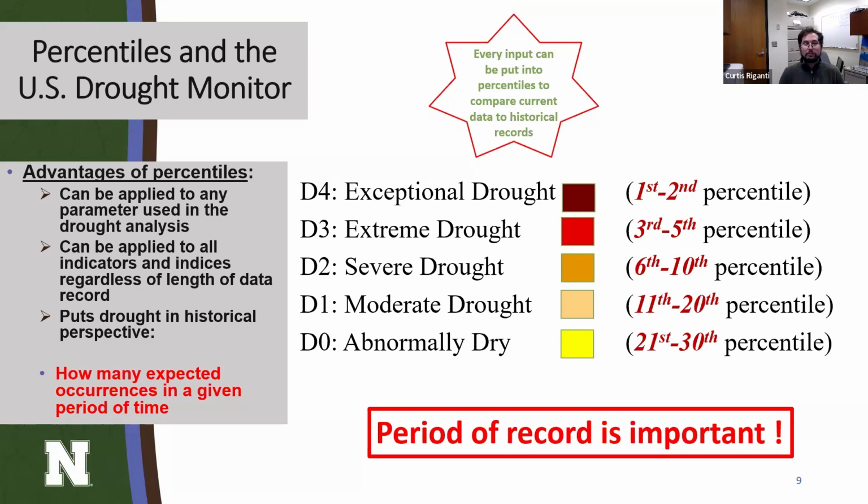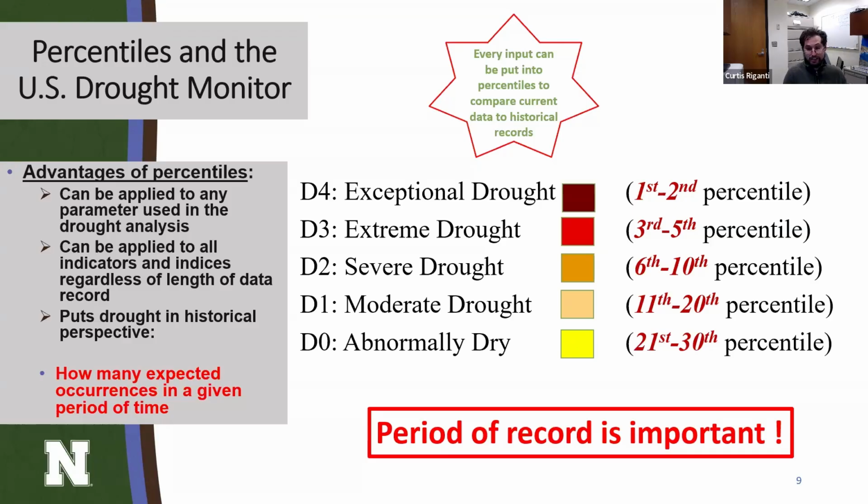So percentiles are nice because we can apply that to really most types of weather or climate or hydrology parameters that we'd want to. We can apply them to all sorts of different drought indicators and drought indices, climate and weather indices, regardless of the length of the data record that we have.